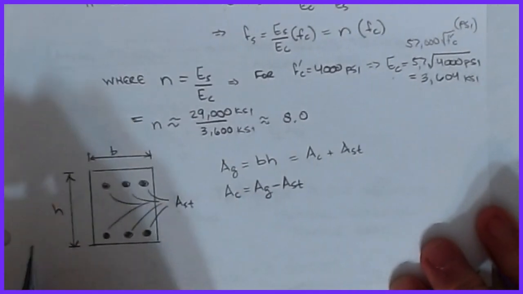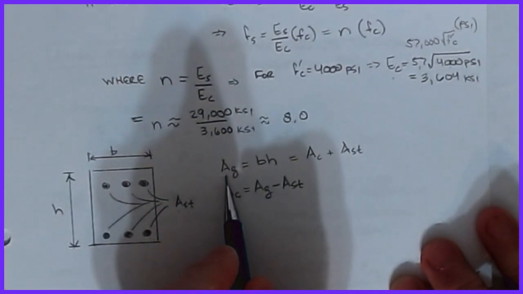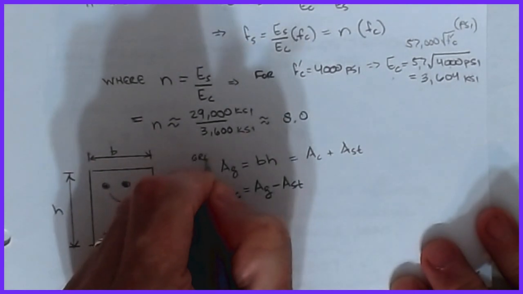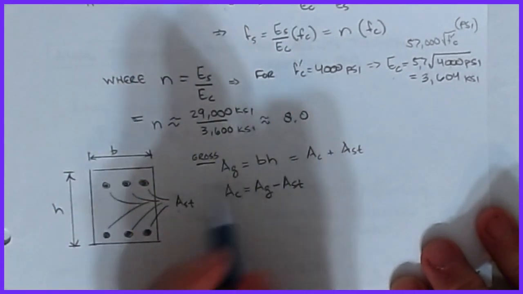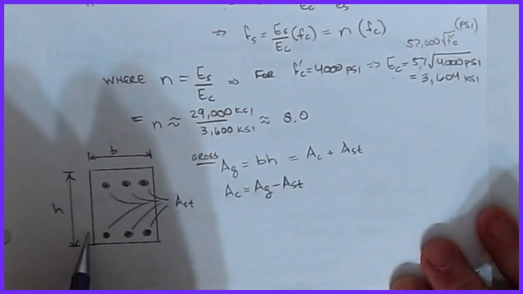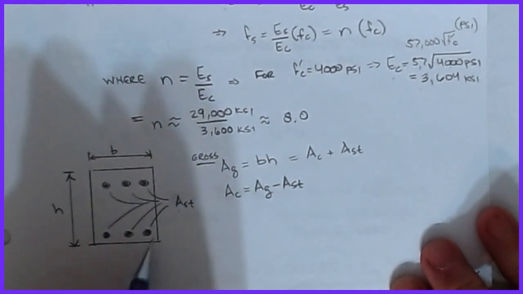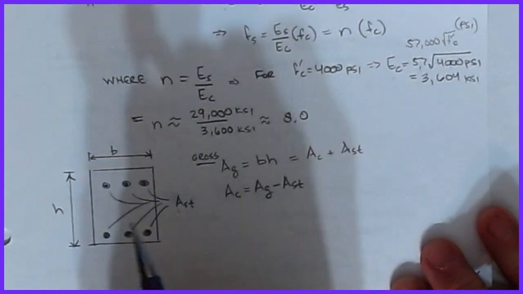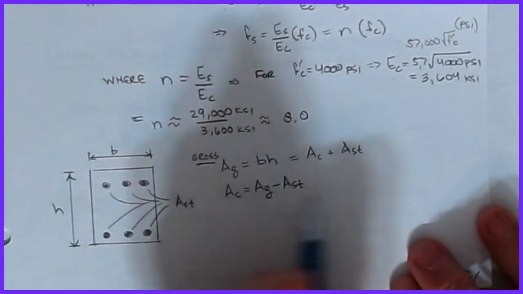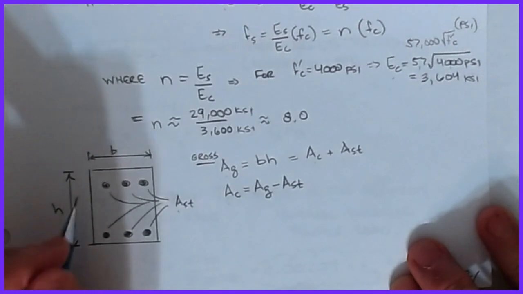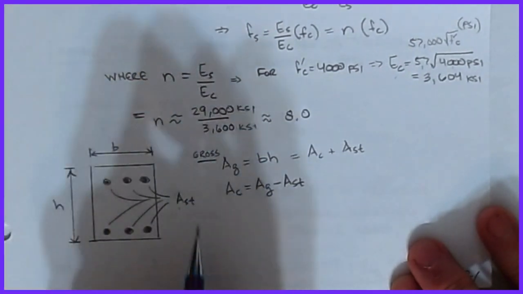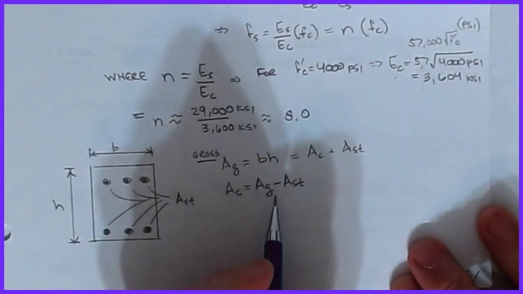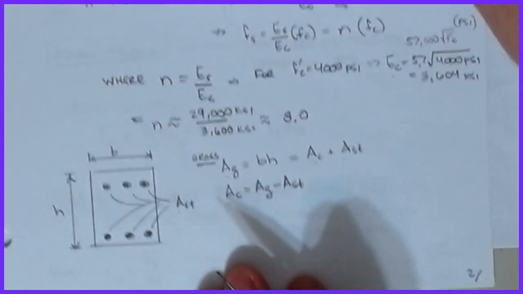A couple of calculations we can do: the gross area is b times h. That total area comprises the concrete area plus the steel area. So if I rearrange this, the concrete area, the part excluding the rebar, is equal to the gross area minus the area of steel.